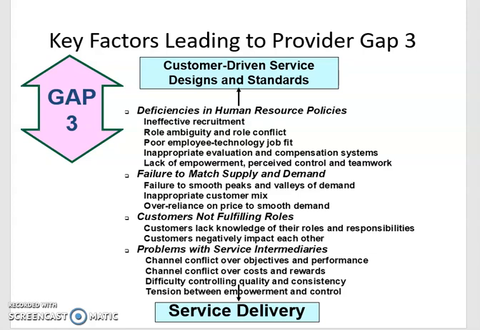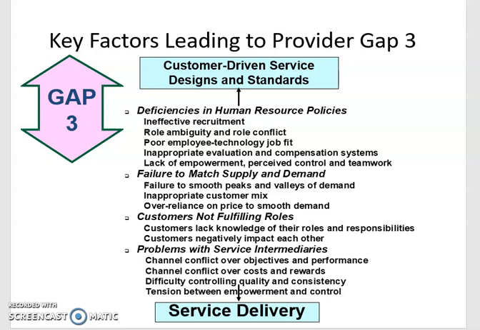Then followed by the failure to manage both supply and demand, making sure that crowd is managed and that smooth transition takes place, so that there is no over reliance on increasing your prices depending upon the excess demand generated.